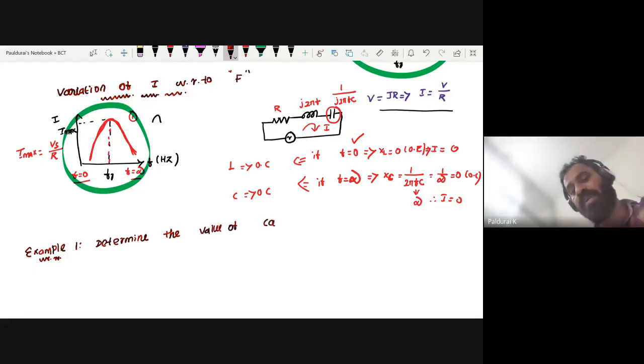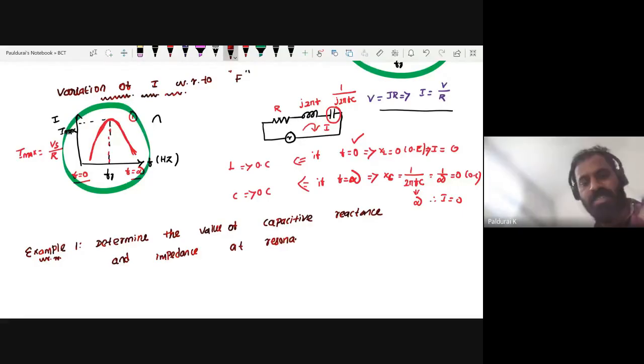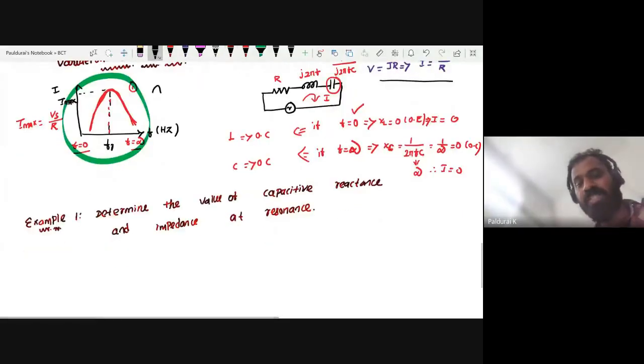Read the question carefully. Determine the value of capacitive reactance and impedance at resonance. Take the circuit.